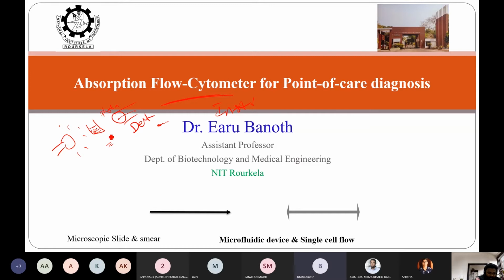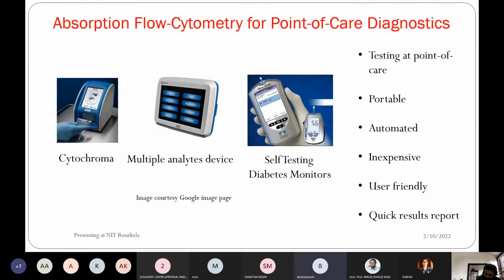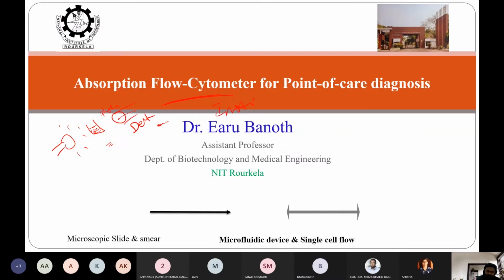But when you have a bulk sample and you are doing such a measurement, whatever information you get is an average information, right? So instead of that, why don't we find the single cell and its absorption properties? That was the idea, and how it was realized, this technique I would be presenting here.